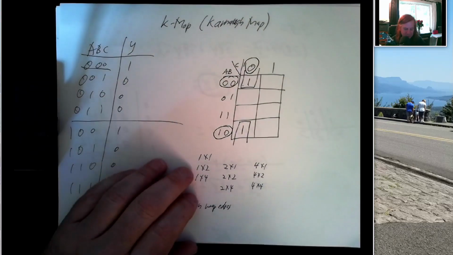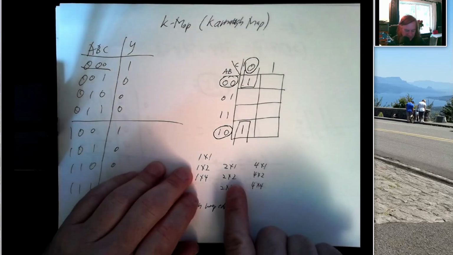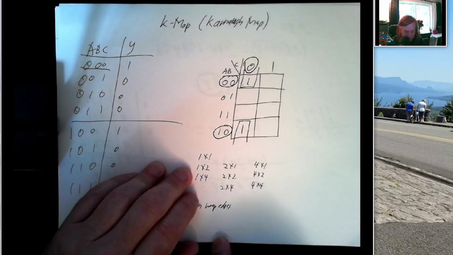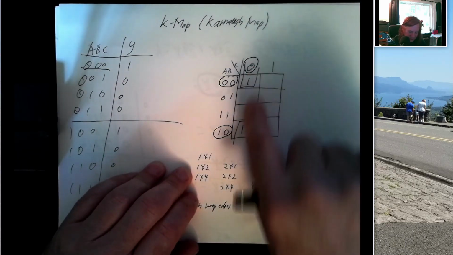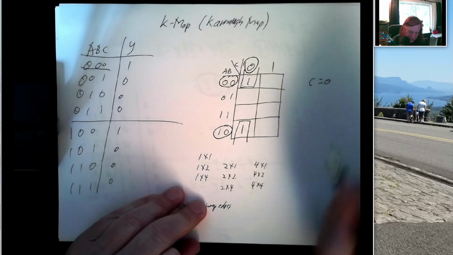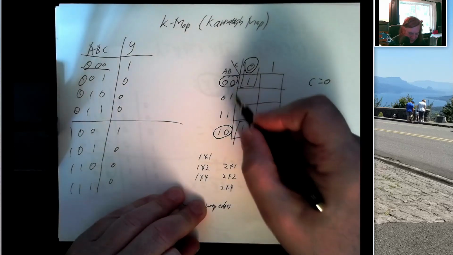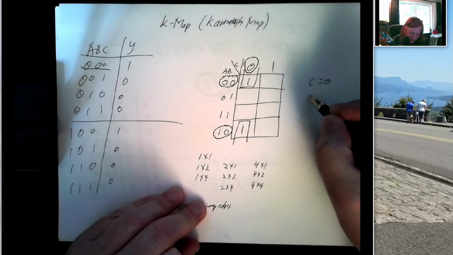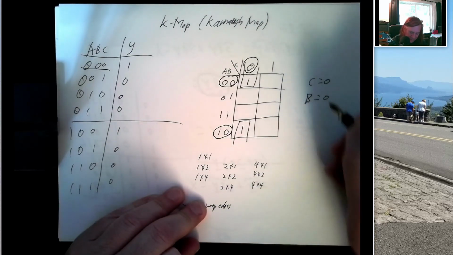So our goal is to look at every square in our rectangle and ask what happens to each of these variables in there. For example, in both of these squares, the letter C has to be a 0. And in both of these squares, the variable B has to be a 0.